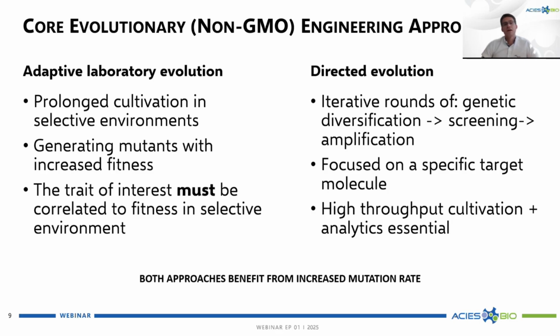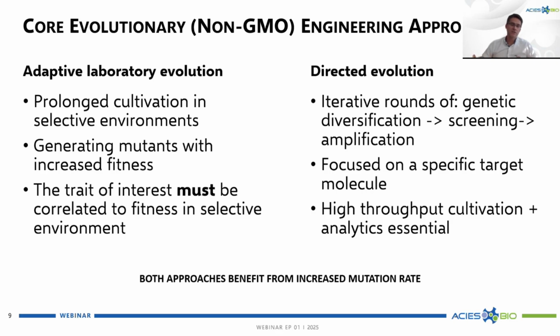Yeah. The other principle is called directed evolution, or sometimes even classical mutagenesis and selection, and is slightly different. So this consists of iterative rounds of genetic diversification, most often some sort of mutagenesis, and then screening of the mutants that we obtain.